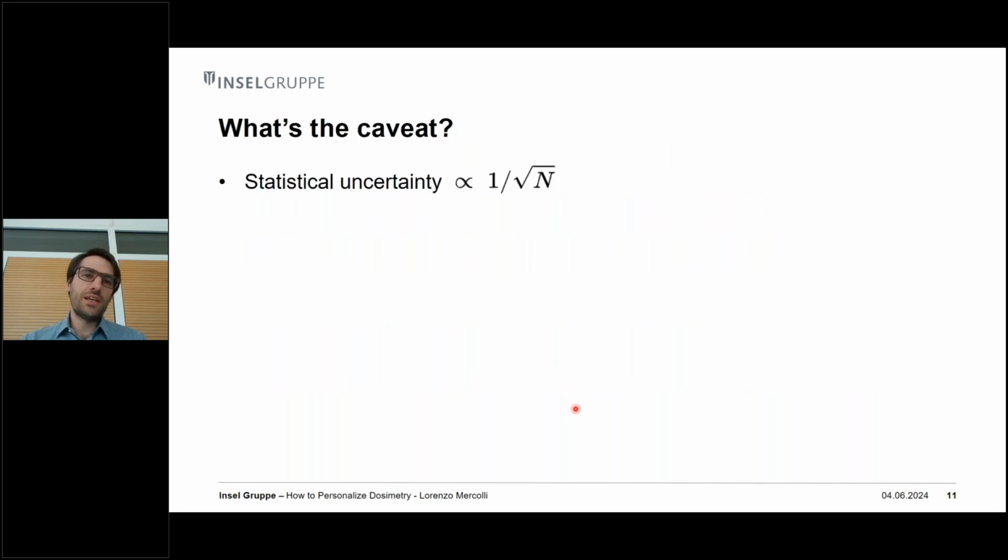Now, of course, there's no free lunch. We are dealing with statistical quantities, so their uncertainty decreases only with 1 over the square root of the number of simulated particle tracks. Which means in order to reduce the statistical uncertainty of the dose by, let's say, half, I need to simulate 4 times more particle tracks.